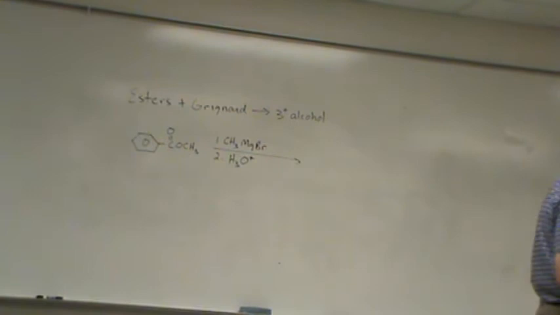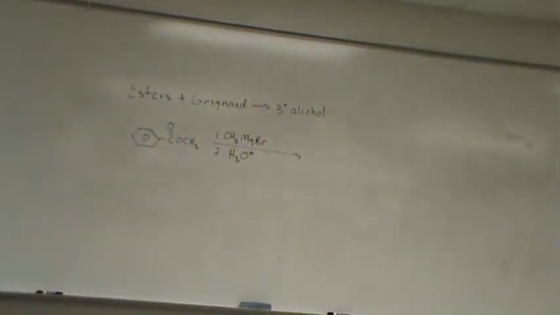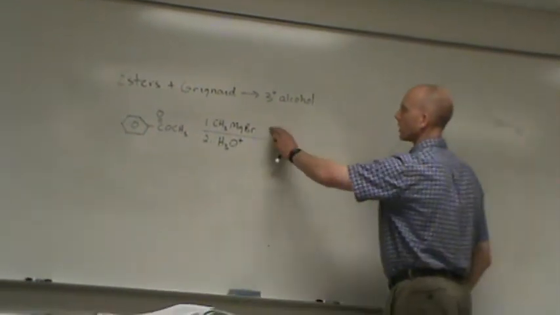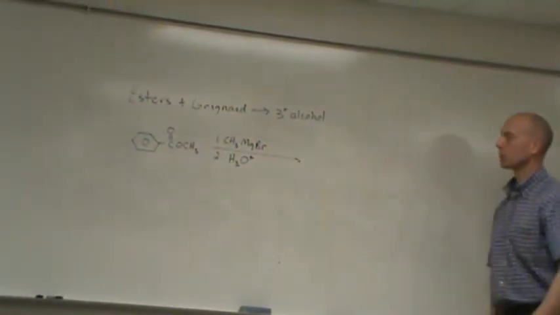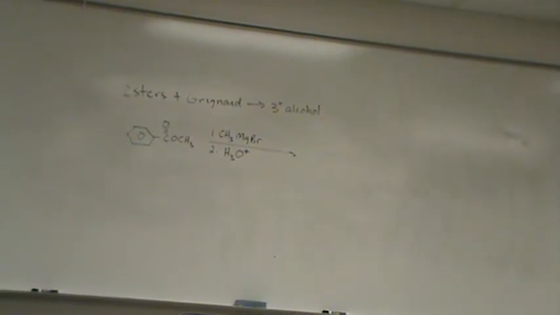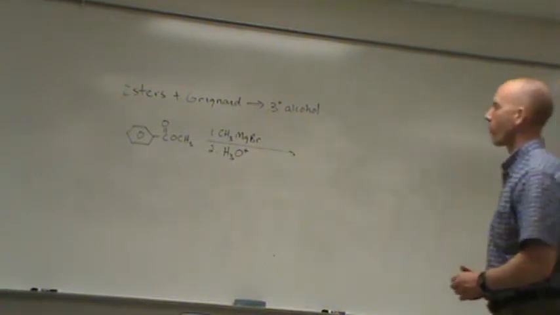In order to do this reaction, it's a two-step reaction. First step, Grignard. Second step, protonation with hydronium ion. Okay. So let me draw the product, and then we'll look at the mechanism.